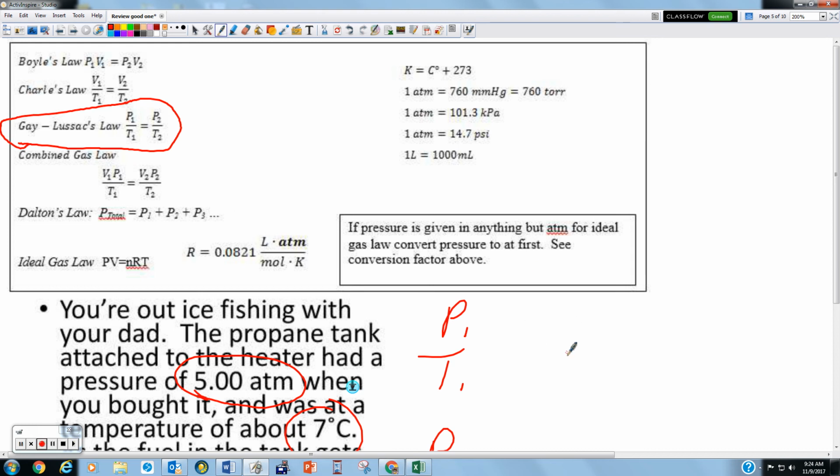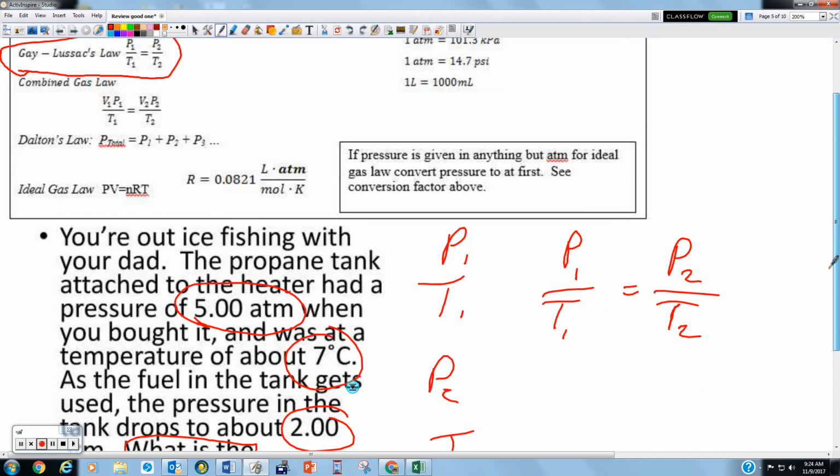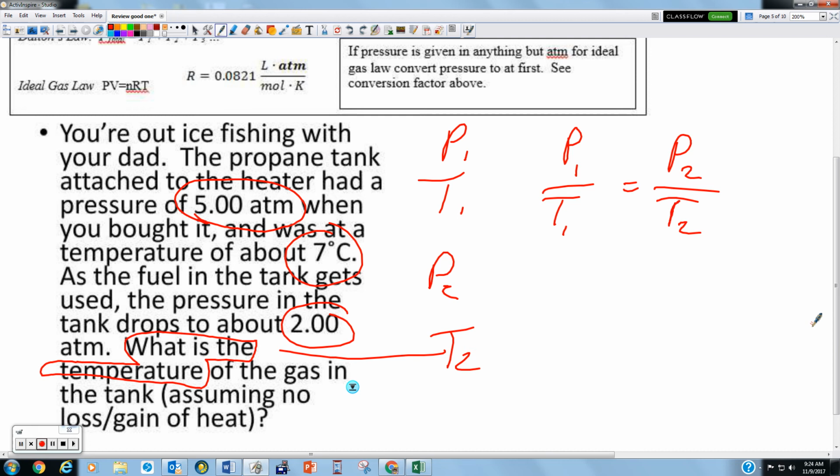All right. If you pull out your givens first, it's going to be easy to identify what's going on there. So we're going to use P1 over T1 equals P2 over T2. It really doesn't matter which pressure you put in as P1, as long as the temperature associated with it is the T1, and vice versa.